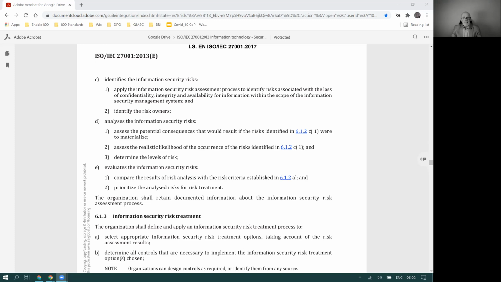Two, assess the realistic likelihood of the occurrence of the risks identified. Straightforward enough. I remember in one of my early consultancy agreements with a company, a senior auditor was auditing, and that particular auditor was being assessed by UCAS at the time. And we had 2 minor findings.